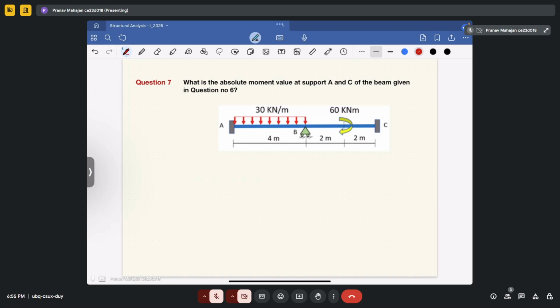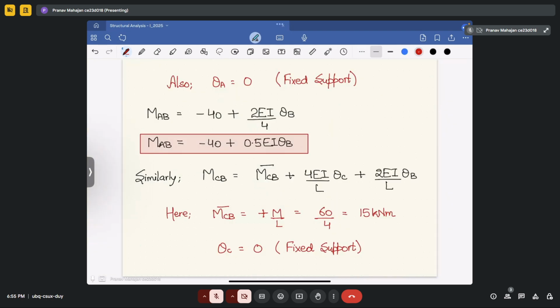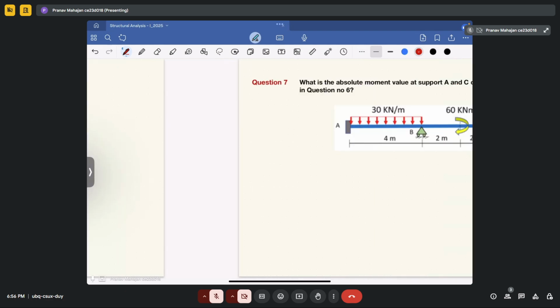To determine the absolute value, we have to know first what will be the unknown in these equations. That is, in the equations MAB and MCB, you have one common unknown, that is the value of theta B. So first we have to calculate the value of theta B.